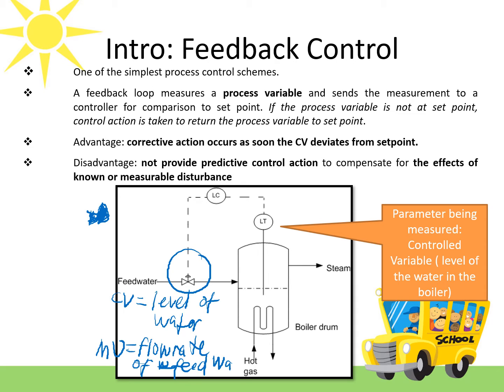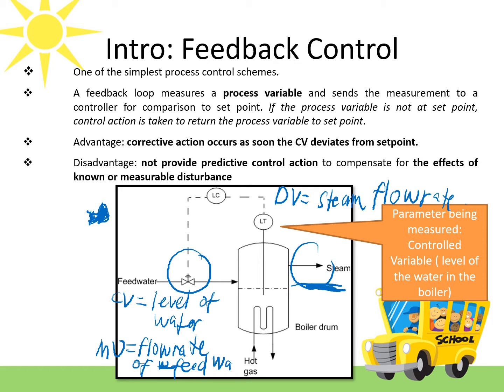Right. Now, can you tell me what is the disturbance variable? The disturbance variable in this case is the steam flow rate. This control tends to be quite sensitive to rapid change in the disturbance variable, which is the steam flow rate, as a result of the small liquid capacity of the boiler drum.